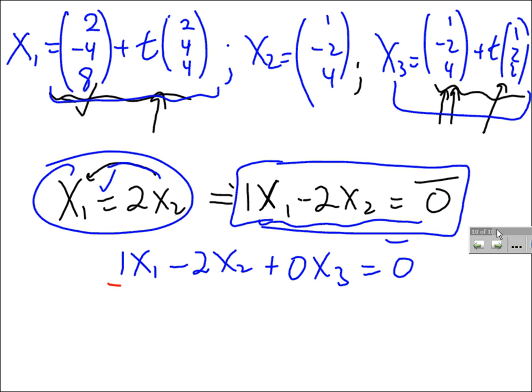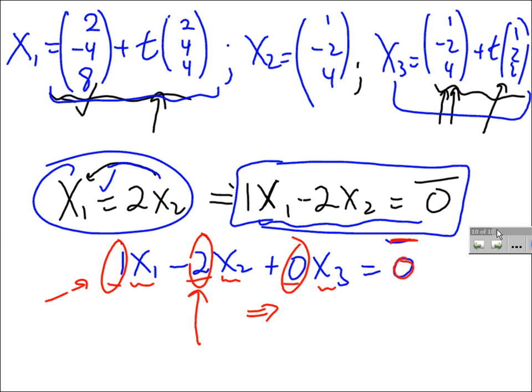And I found the linear combination of x1, x2, and x3, and not all of the coefficients were 0. That's not 0. That's not 0. But yet, the result is the 0 vector.